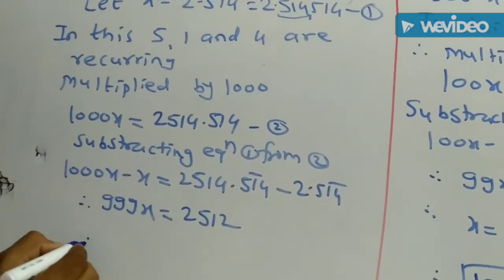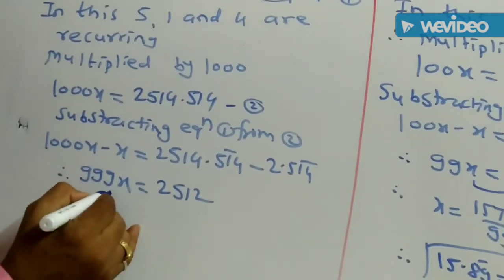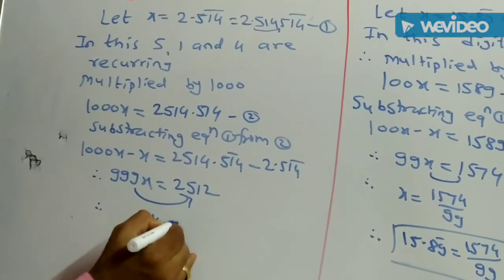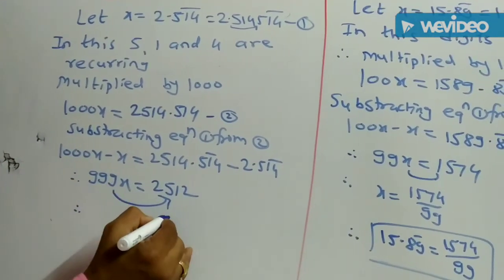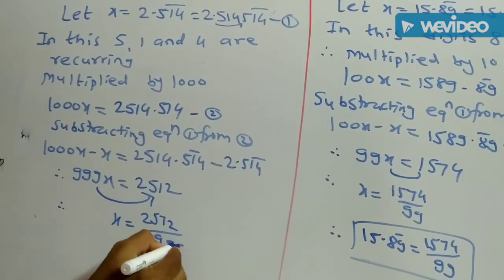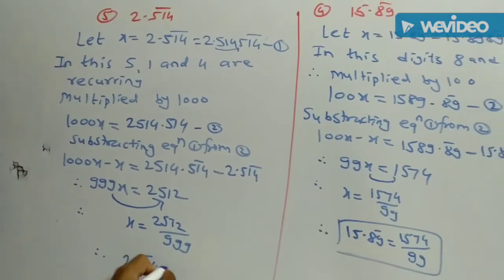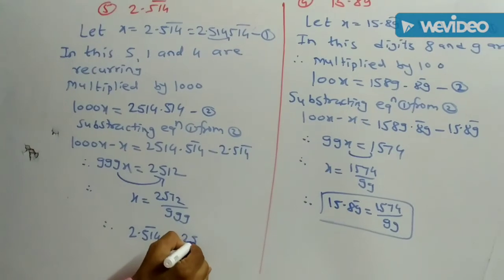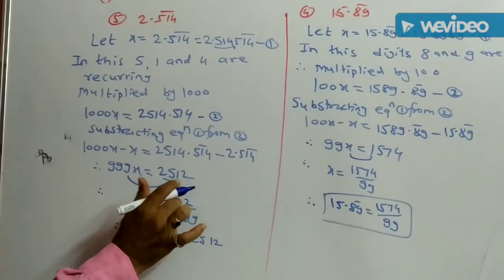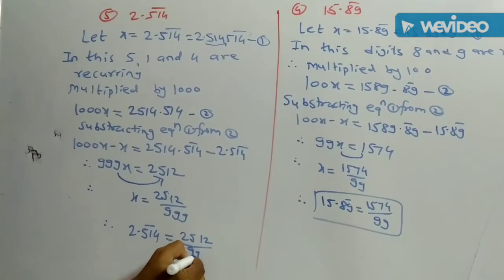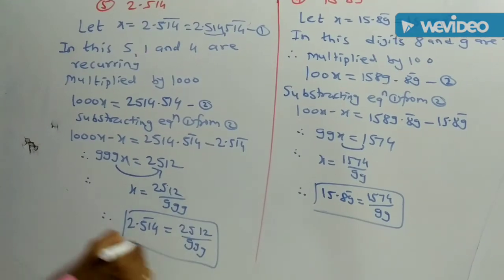Now to find the value of x, multiplied 999 gets converted to division, but x means 2.514 bar is equal to 2512 upon 999, which is the p upon q form of the given rational number.